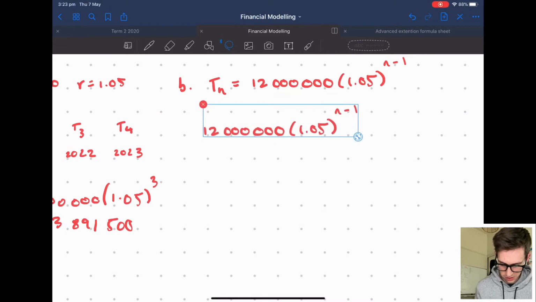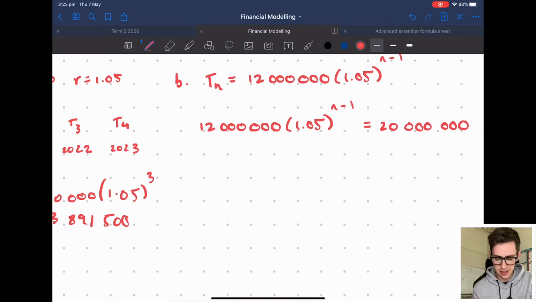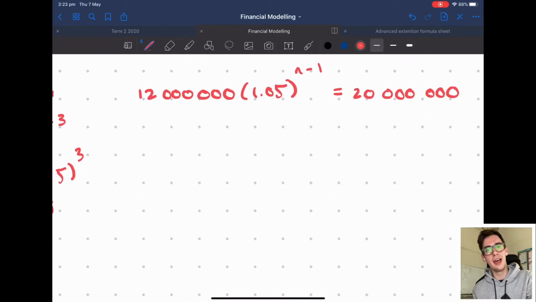I'm going to set that equal to 20 million because that's what the question asked us to find when it's over that. When I find this n, that's going to tell me what year it hits 20 million. And then I'll be able to go just after that. Spoiler, it comes out as a decimal, so I'm just going to have to round up to the next year.